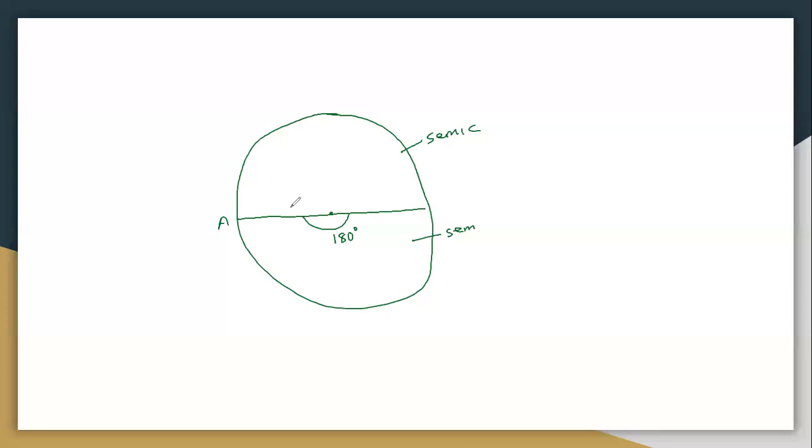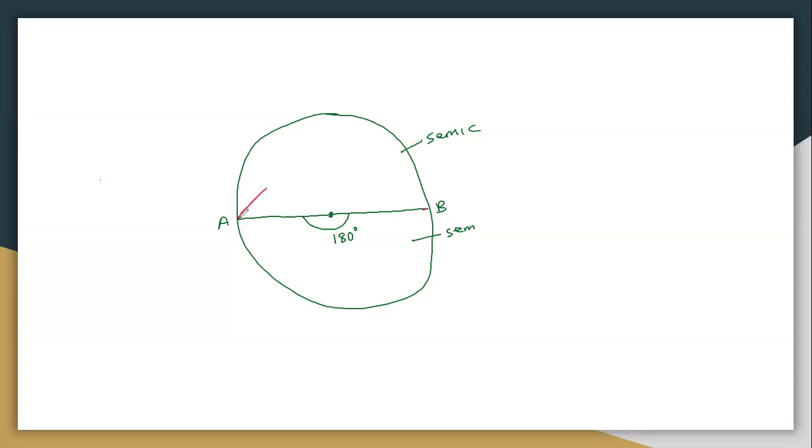If this is A and this is B, we have said from our previous theorem that any line that is going to be formed inside, this is now the arc that we are considering. Any angle that is going to be formed, as long as the chords originate from A and B, will always be half.